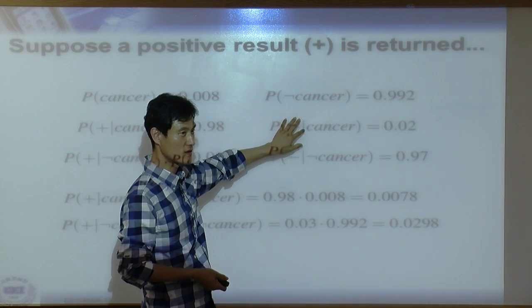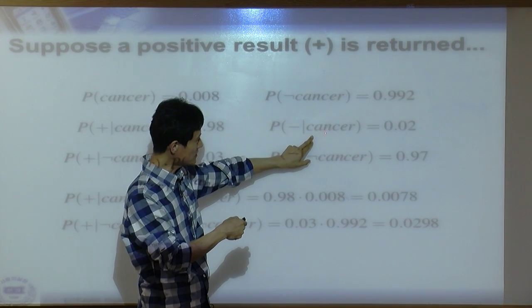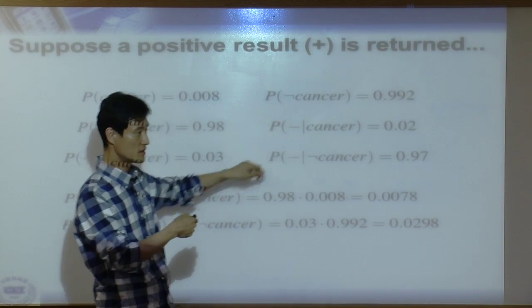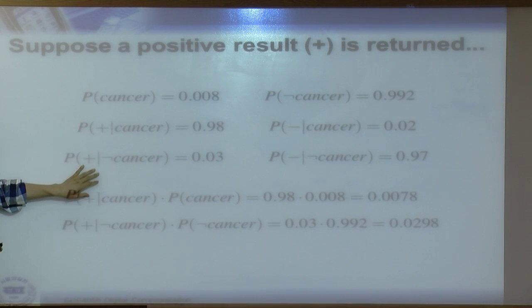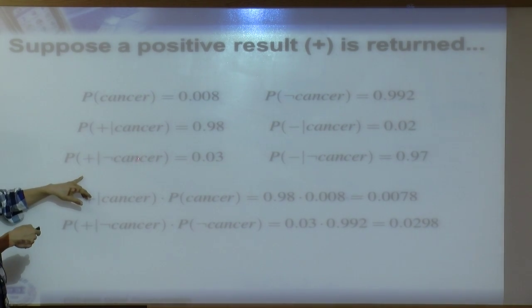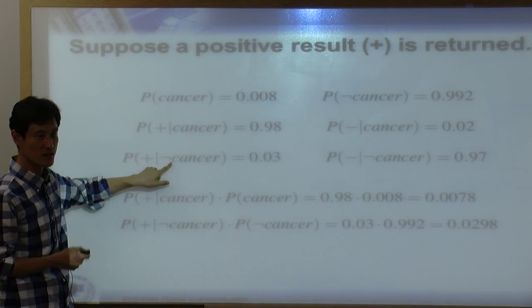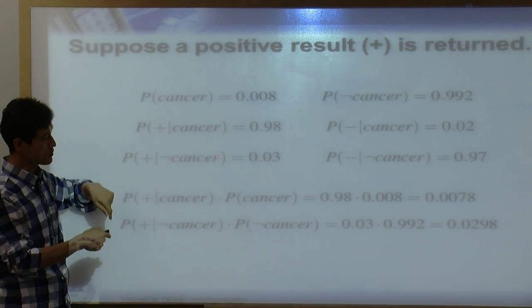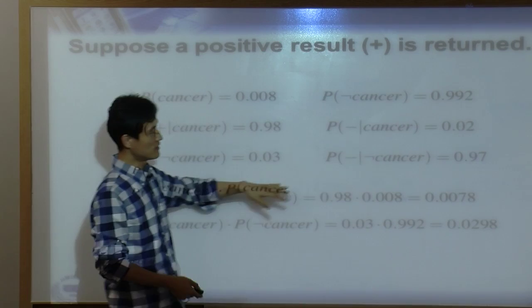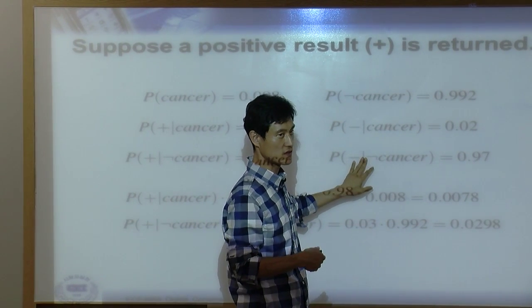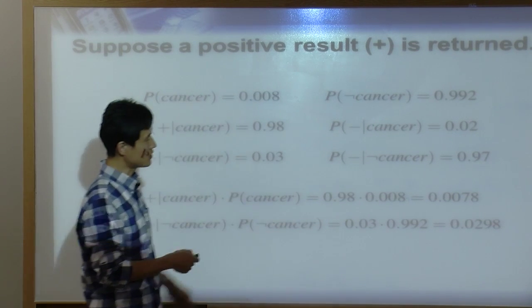That's the probability of negative, given that you have cancer. Similarly, in this case, there is actually no cancer, but the doctor diagnosed you as having cancer. Positive, right? You are positive, but actually negative. That's this probability. So each one of these is a probability.